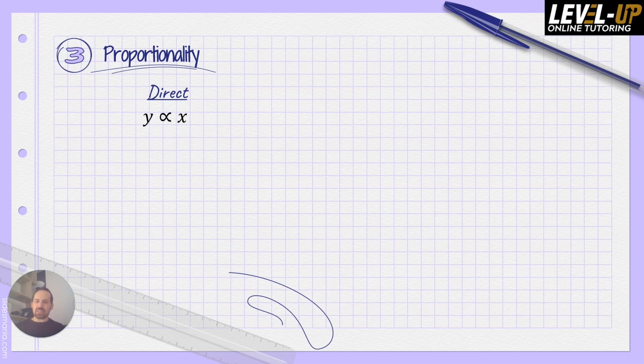So the simplest case of a direct proportionality would be, as an equation, just y equals x. So if x goes up by 1, y goes up by 1. If x goes up by 2, then y goes up by 2, and so on and so forth. If x goes down by 3, y will go down by 3. But in general, we don't have that. We'd have something more like this.